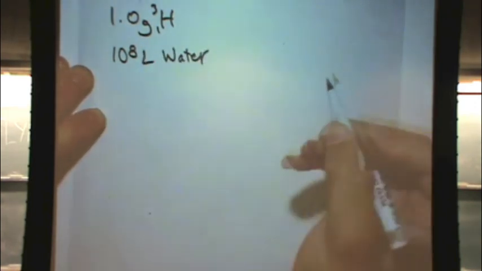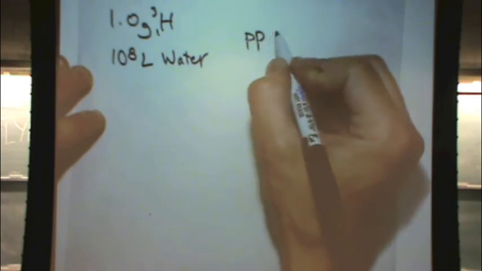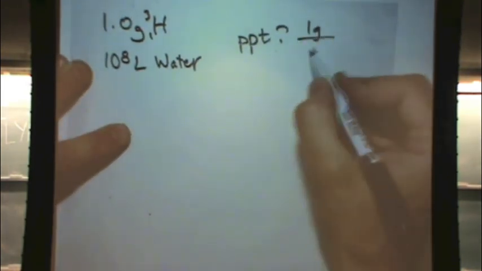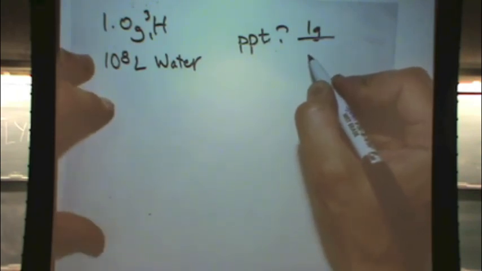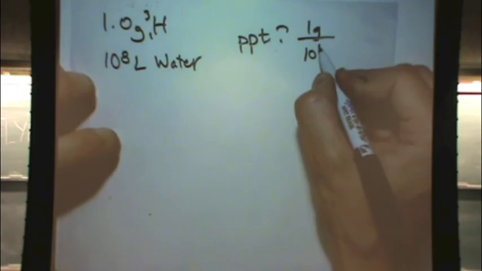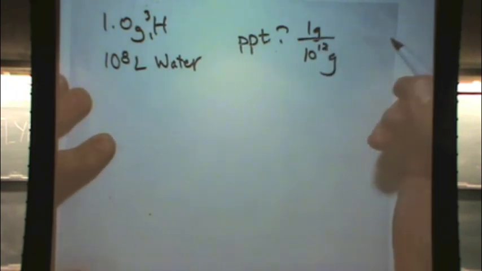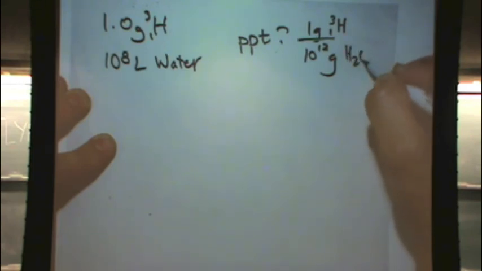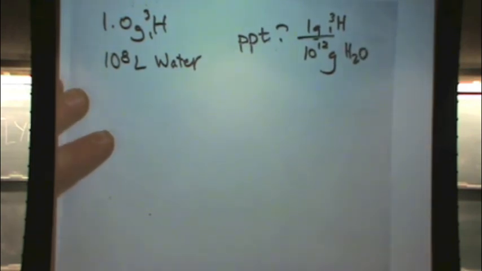Okay, and you want it in parts per trillion? So that's 1 gram per, well, trillion. I guess that's 10 to the 12. 12 grams is what we mean. And this would be tritium, and this would be water. Or the whole solution, but there's so little tritium, you're not going to add tritium to your solution.